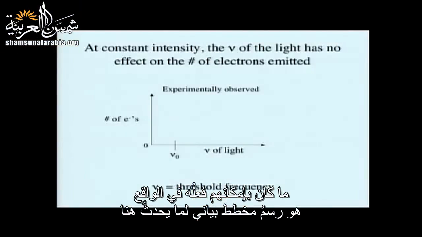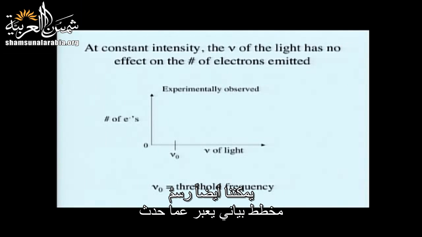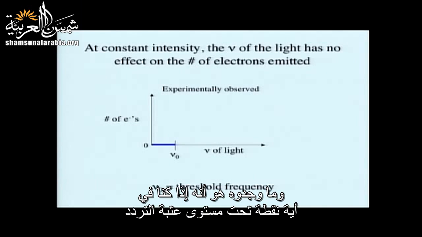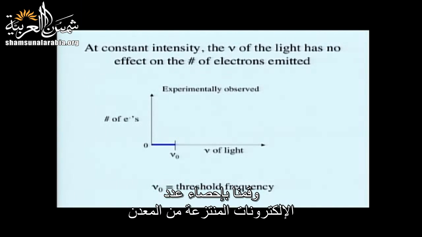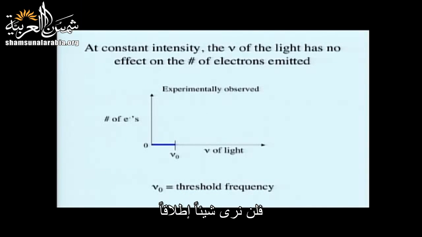So what they could do was actually graph what was happening here. And what they found was that if we were at any point below the threshold frequency, and we were counting the number of electrons that were popping off of our metal, we weren't seeing anything at all.